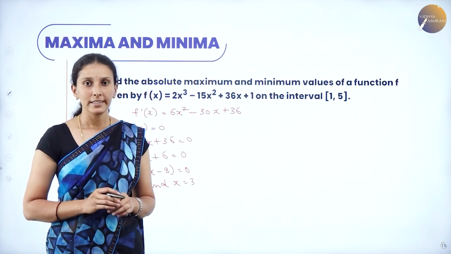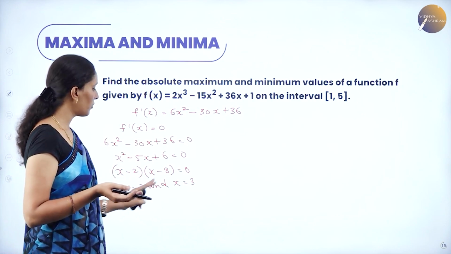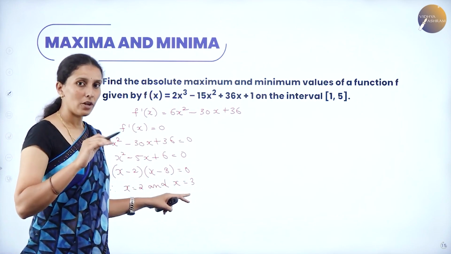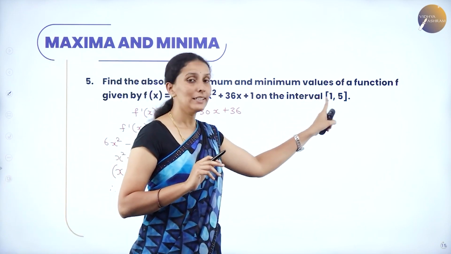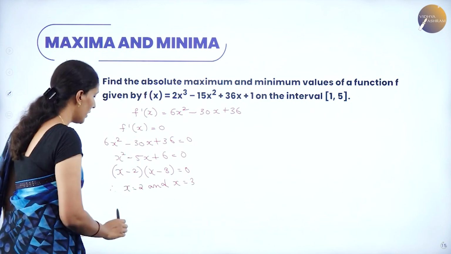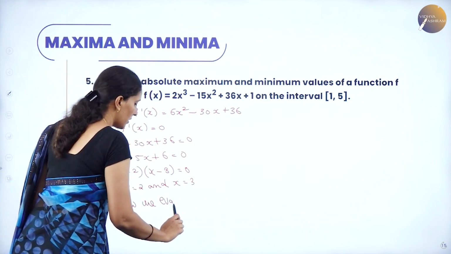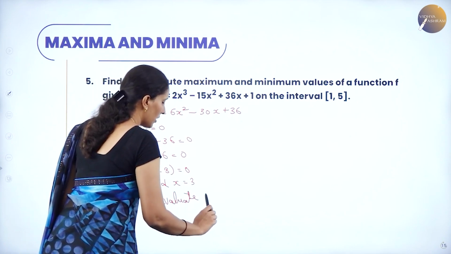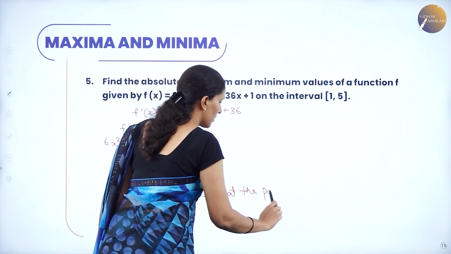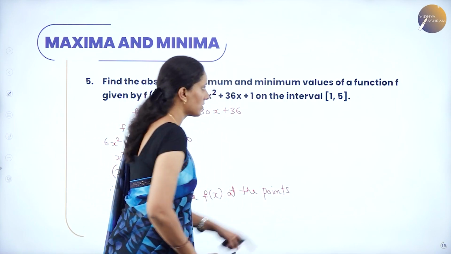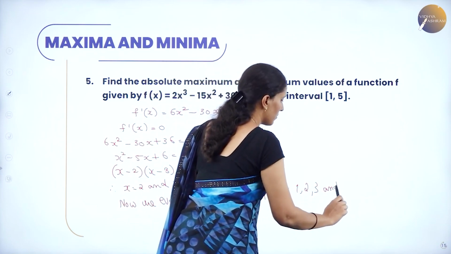So, after finding the critical points, what are you supposed to do? You are supposed to find out f of 2 as well as f of 3. But to find out absolute maximum as well as minimum values, you should include the interval end points. So, therefore, now we evaluate f of x at the points 1, 2, 3 and 5.